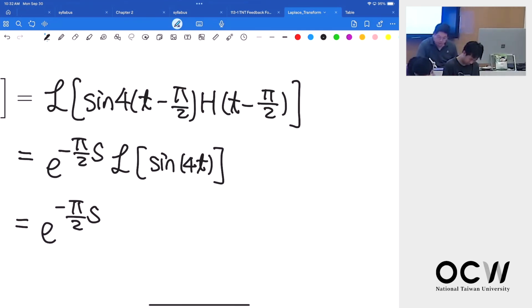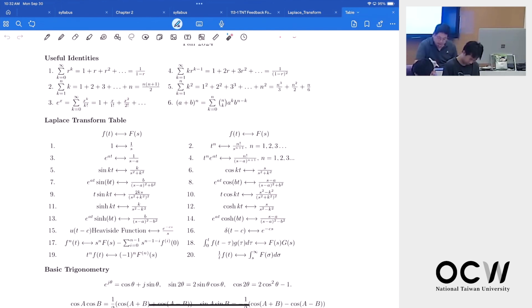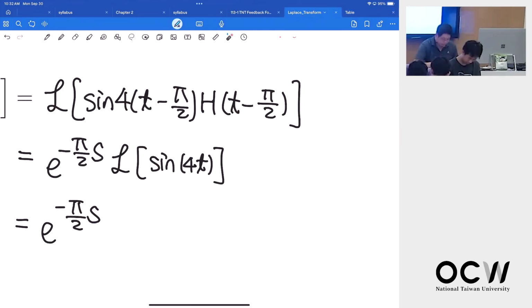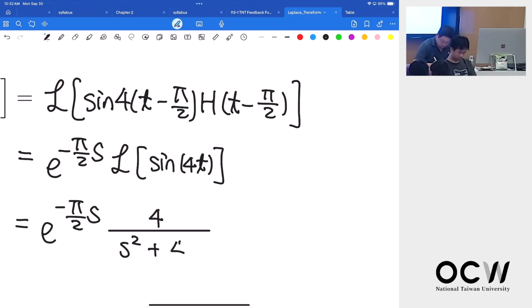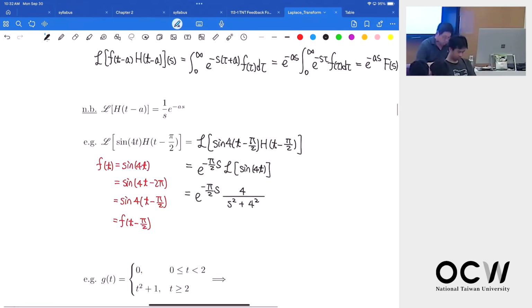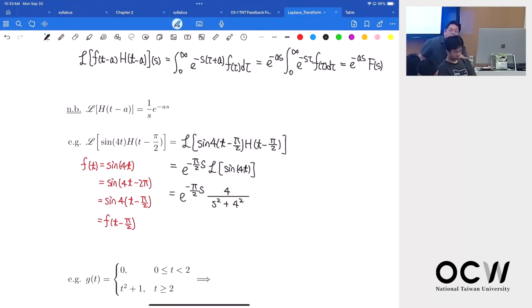And you can check the table again. Sine 4t here, so k becomes 4. Any questions for this one?